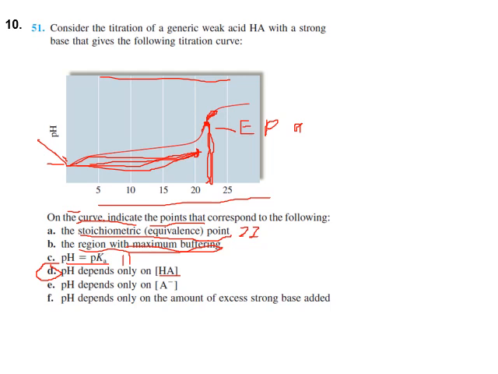What about E? Where does the pH only depend on the A- concentration? Do you remember this? It's at the equivalence point. And the reason it's at the equivalence point is because at the equivalence point, all of the weak acid has been eaten up by the strong base, and all the strong base has been eaten up by the weak acid.